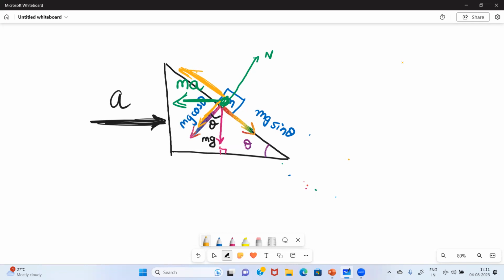One along the plane, another one is what? Perpendicular to the plane. Now again, a little bit of geometry. Just tell me, guys, very simple geometry. If this is theta, what is this angle? 90 minus theta, because the total is 90. If this is 90 minus theta, what is this? Theta, exactly.